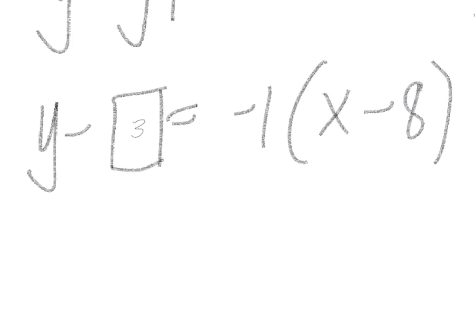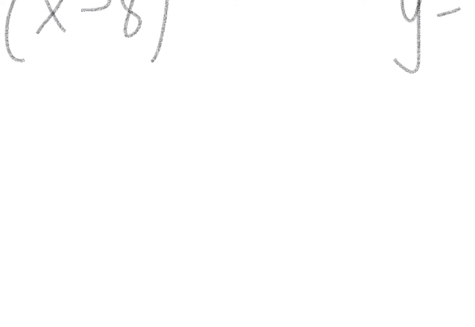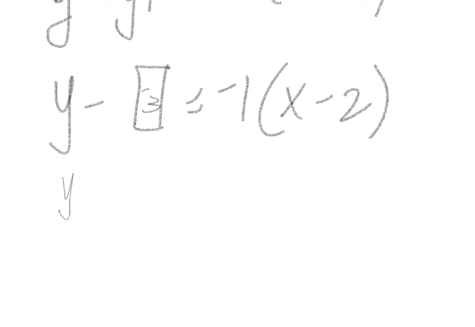So let's finish this out. y minus 3 equals -x plus 8. You can then add your 3 to both sides and get y equals -x plus 11 for one equation. And the other becomes y plus 3 equals -1 times x minus 2.